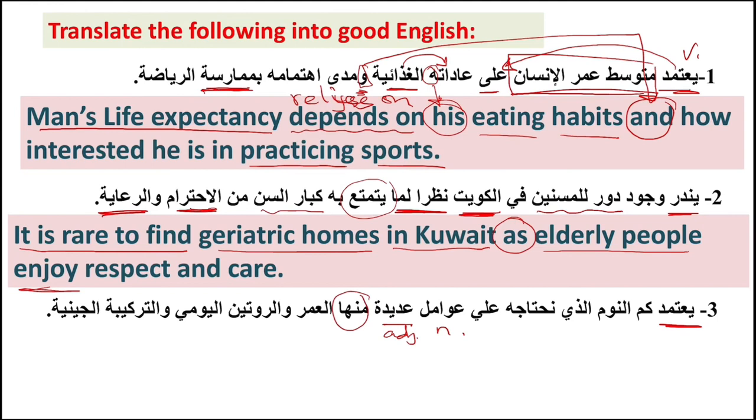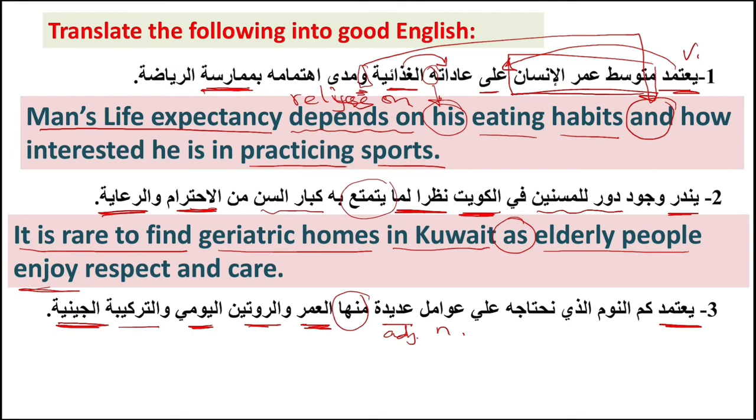We can say some of them are, and then we continue with العمر. This is simple, age. الروتين اليومي, again this is noun adjective, so I start with اليومي and then routine, daily routine. And التركيبة الجينية, again I'm going to start with الجينية, which is genetic, and makeup.